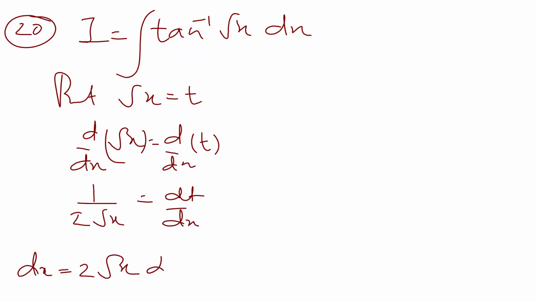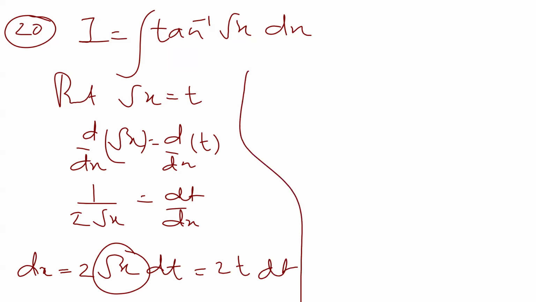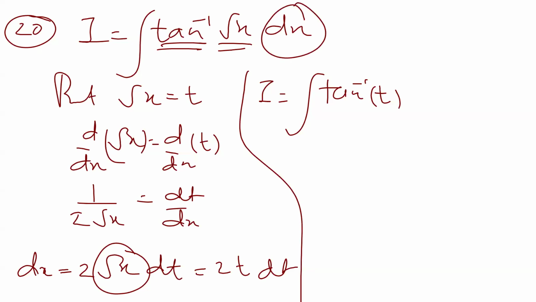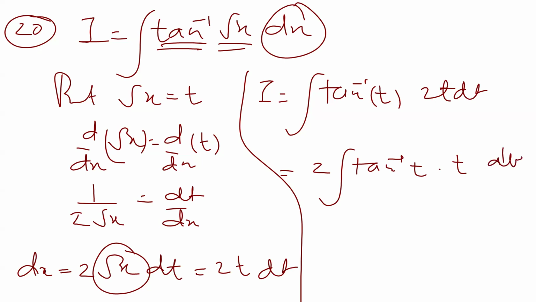Dx is equal to 2 root x dt. Now root x is t. Okay. So I is tan inverse t, and dx is 2t dt. So 2 outside, tan inverse t into t dt.